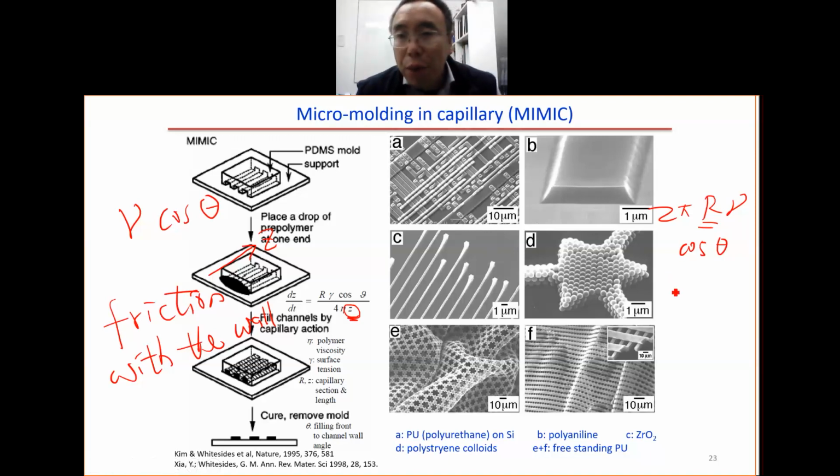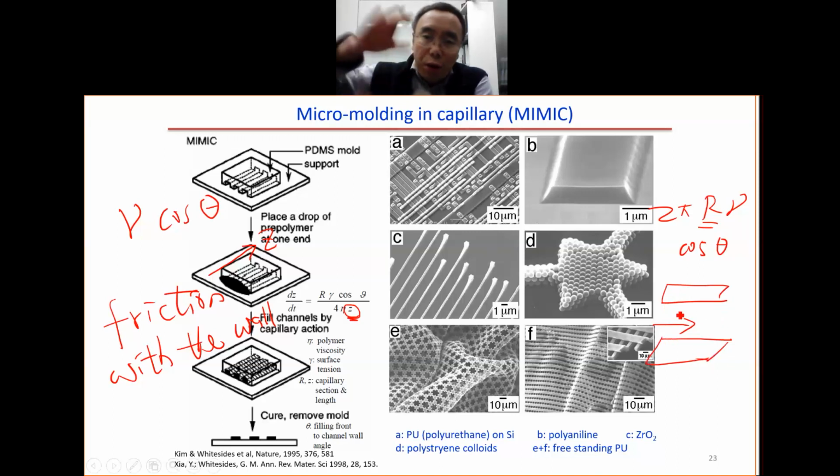Then we have the parallel case, where the liquid flows between two walls, like a plane. This one actually can be calculated, something similar to this.